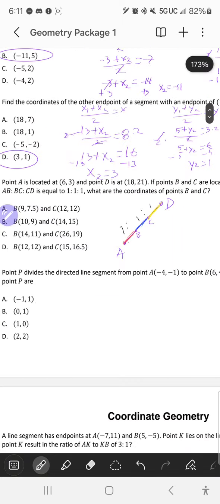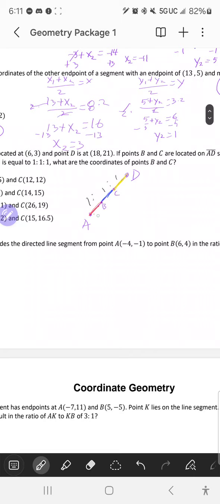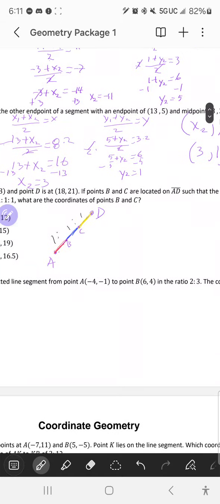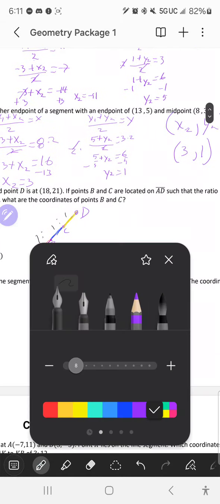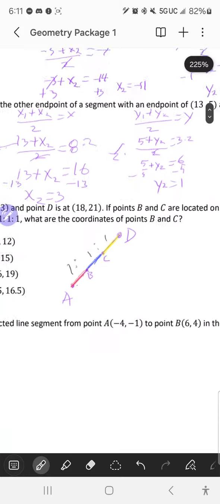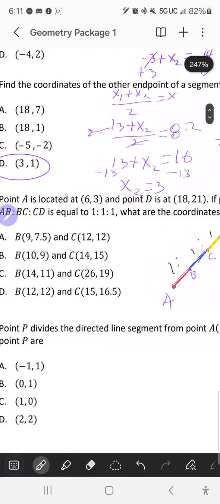So since there are three segments, I can calculate first the distance between the endpoint and the start point.